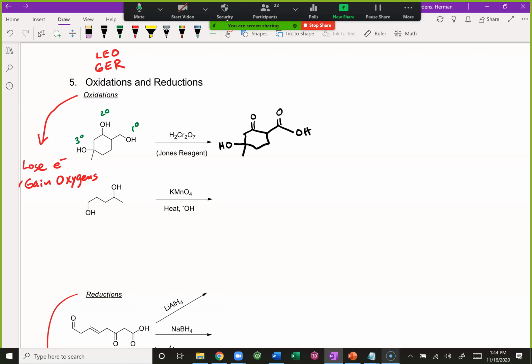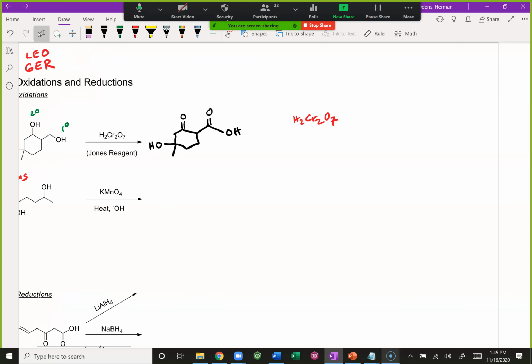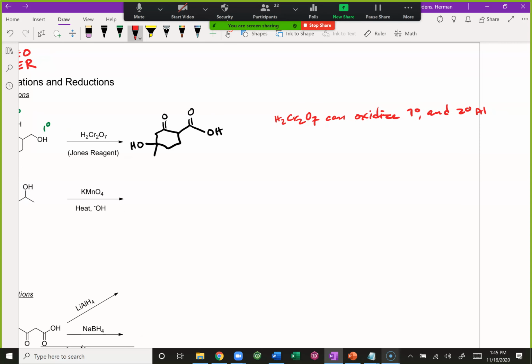Therefore, you cannot do that for the tertiary alcohol. So it's stuck. So Jones reagent, let me write this down. Chromic acid can oxidize primary and secondary alcohols, but not tertiary.